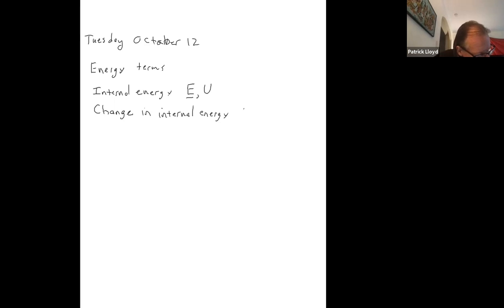For that, I'm going to stay with E and call this delta E. That is the final value of the internal energy, F for final, minus the initial amount of internal energy, I for initial. So final energy minus initial energy.